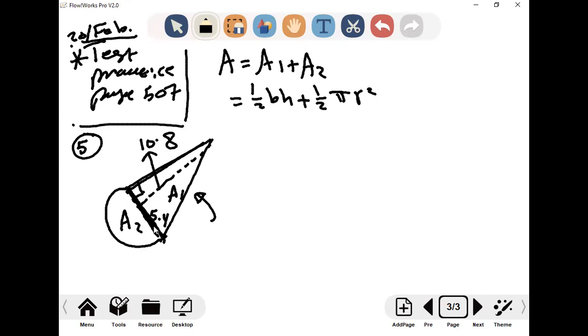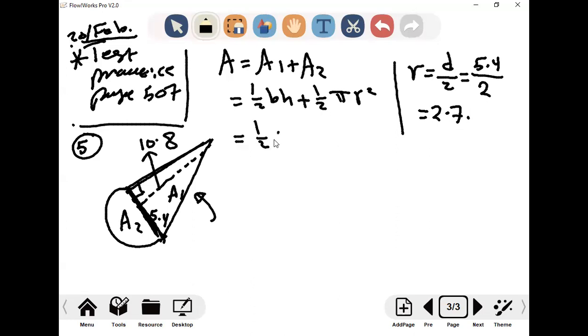So here, first prepare the radius. The radius is the diameter divided by 2, which is 5.4 divided by 2, which is 2.7. So the radius here is how much? Do you understand? Now apply the formula. This is equal to half multiply the base of the triangle. It is the whole base, or this one, whatever.